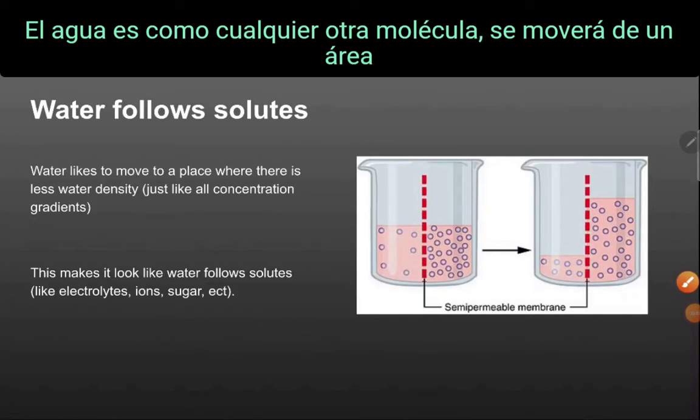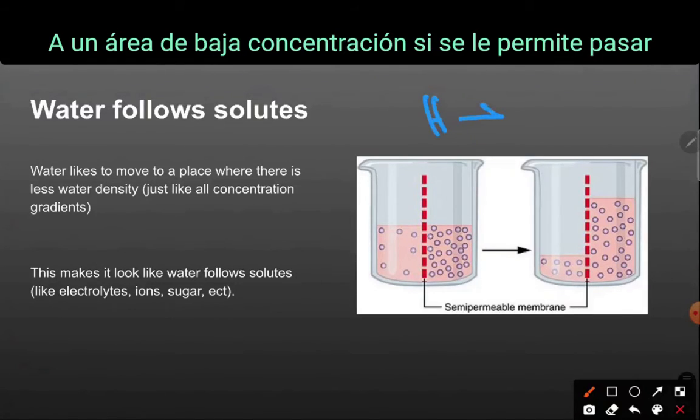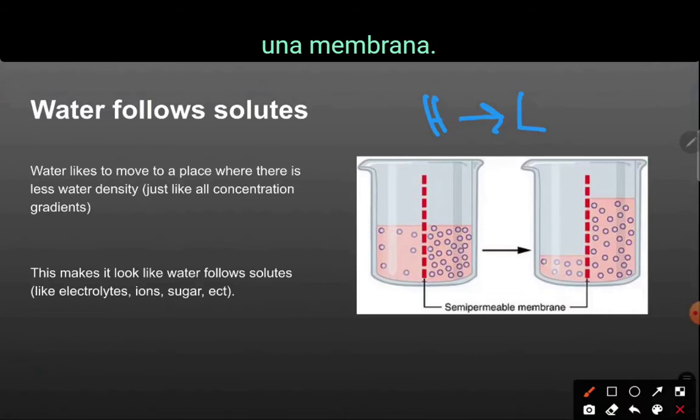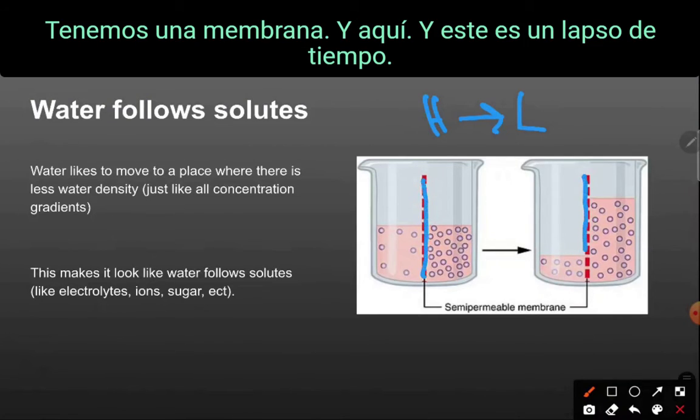Water is like any other molecule. It will move from an area of high concentration to an area of low concentration if it is allowed to through a membrane. For example, here we have a membrane, and this is a time lapse.